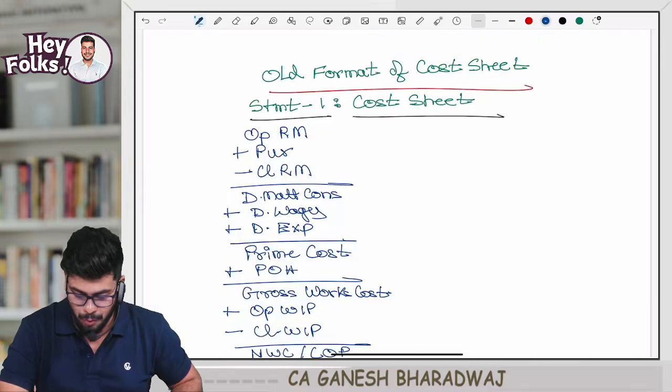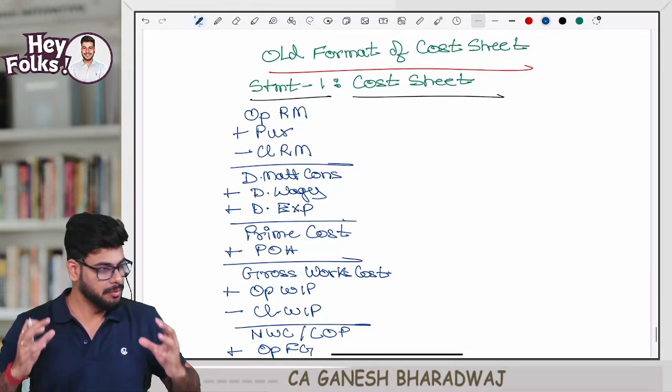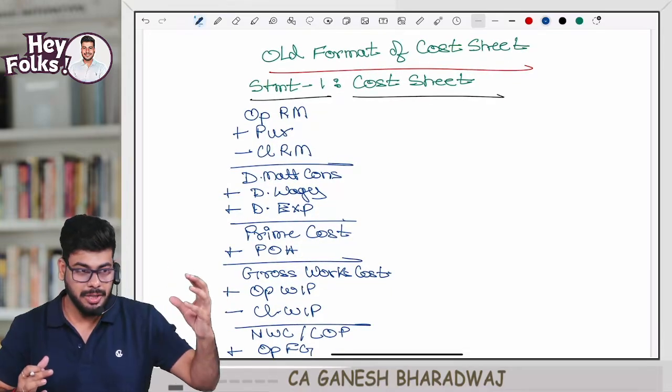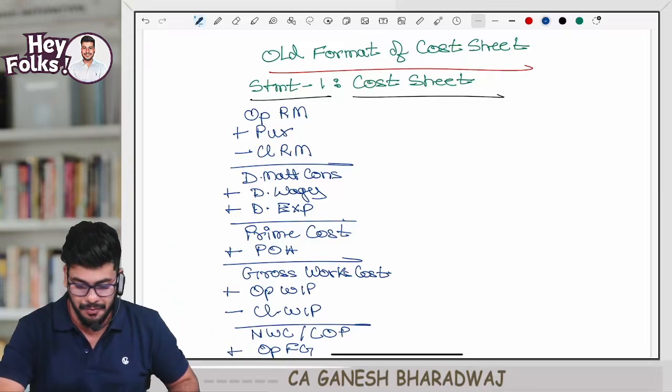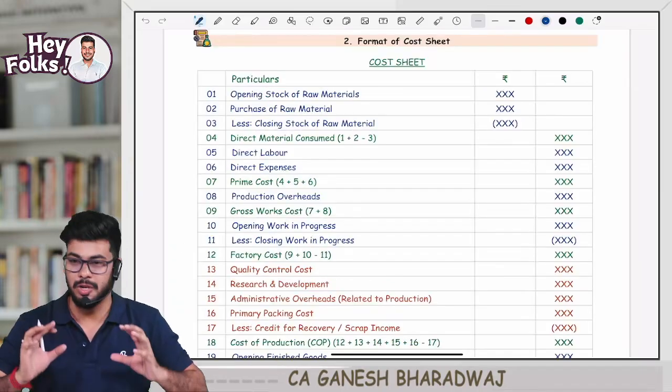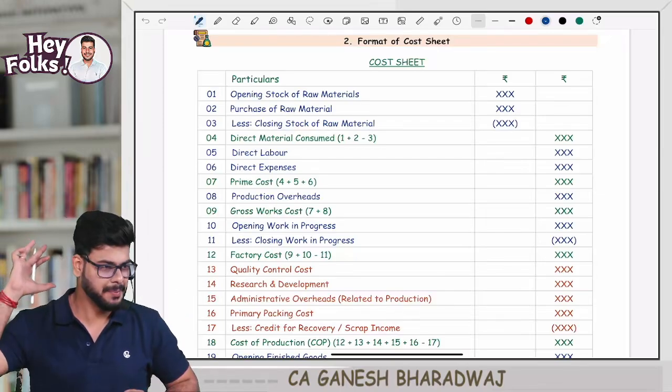I am going to walk you through that old version because that was even better. From there, if you read the new version of cost sheet, you will understand it in a crystal clear manner. Clear with this, guys?